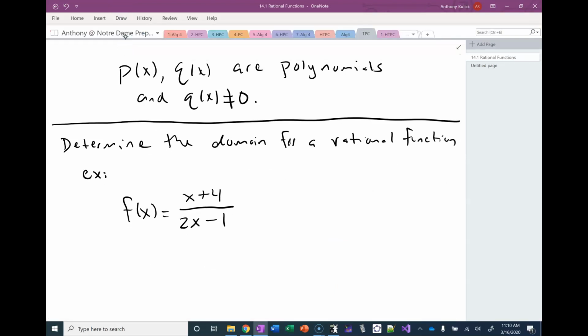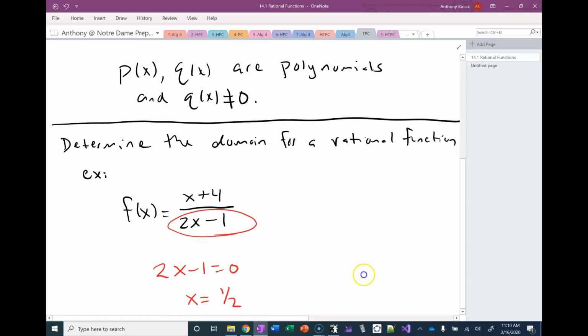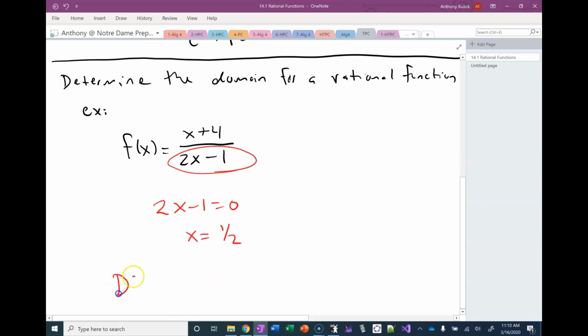So to figure out the domain, all we're going to do is take the denominator and set it equal to 0. So if I add 1 to both sides and divide by 2, I get 1/2. So for my domain then, what I'm going to have is negative infinity up to 1/2 union 1/2 to positive infinity.